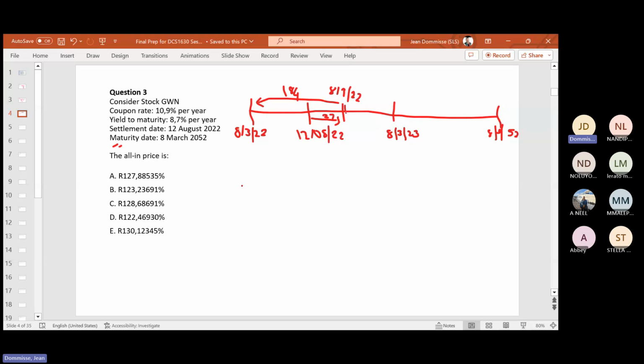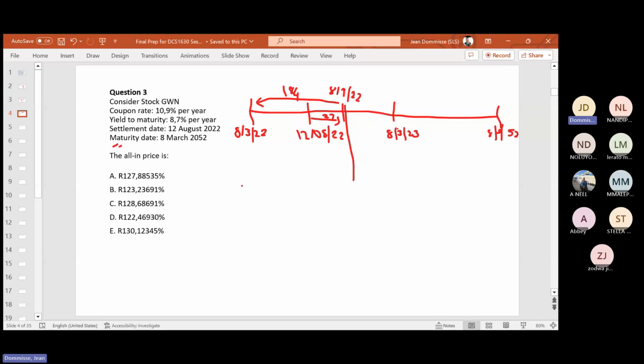Okay, so let's just work out the rest of this period here. So from 8 March 2023 to 8 March 2052, remember, that will be 58 periods, so it's 29 years, times 2 is 58 half years.